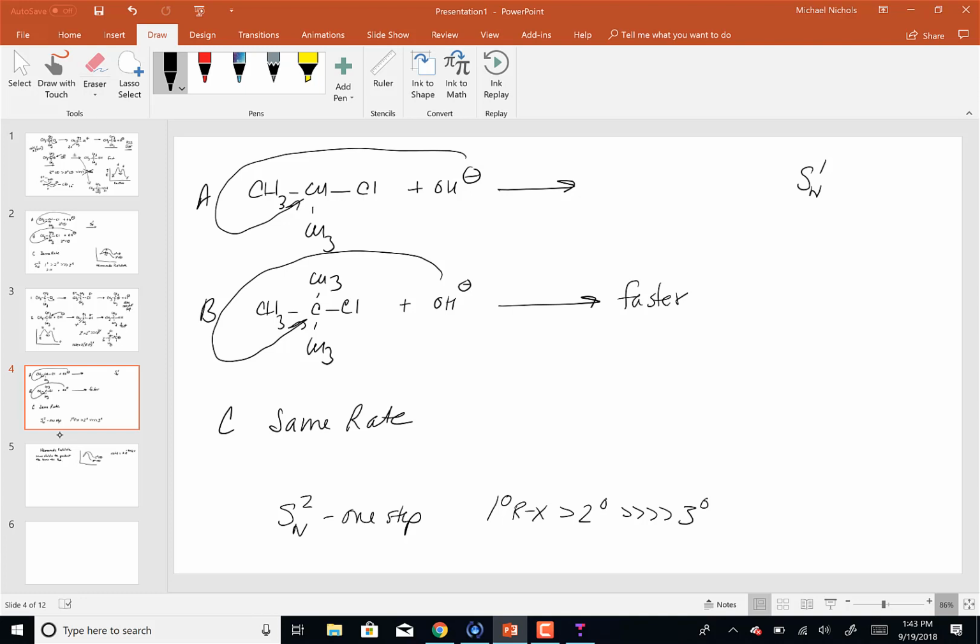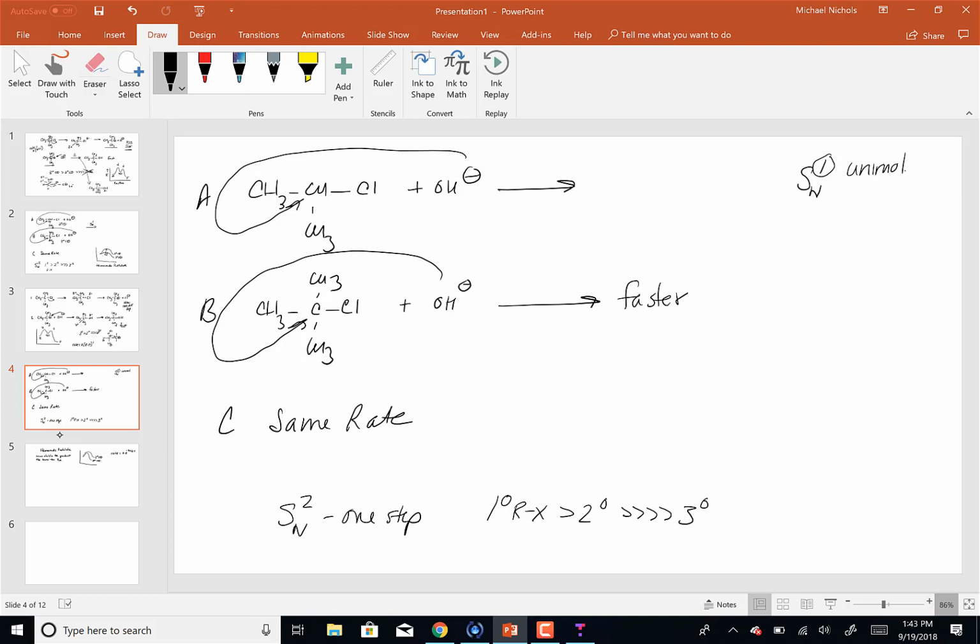Wait, I have a question just about the SN1 and SN2. Where's the number from again? So the number here means that this is unimolecular kinetics. And unimolecular kinetics means that it was a two-step process where the alkyl halide breaking apart was the rate-determining step.